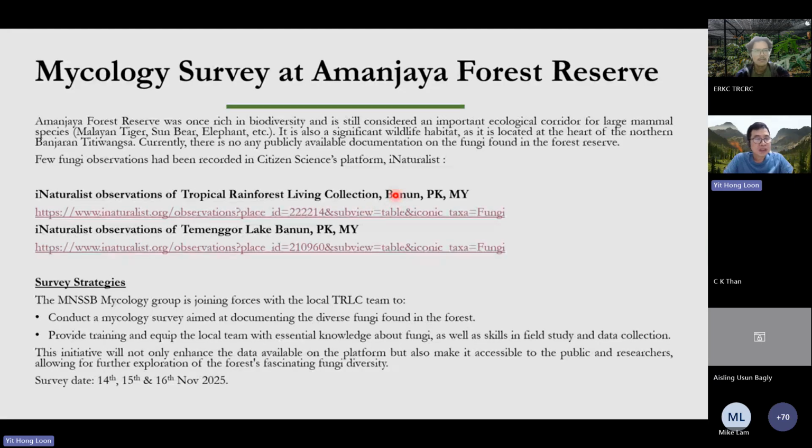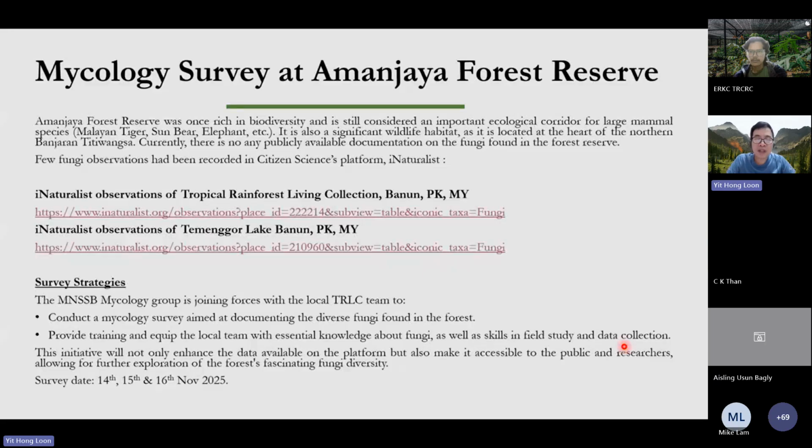Okay. So the strategy that we use to do this mycology survey, actually we aim to document the diversity found in the forest, and we also aim to provide training and equip the local team with essential knowledge about fungi, and also the skills needed in field study and data collection, things like fungi identification, fungi photography technique, and how to shoot the important features.